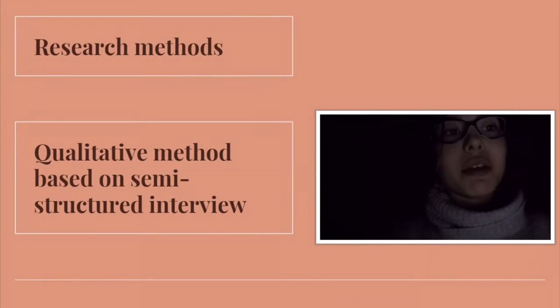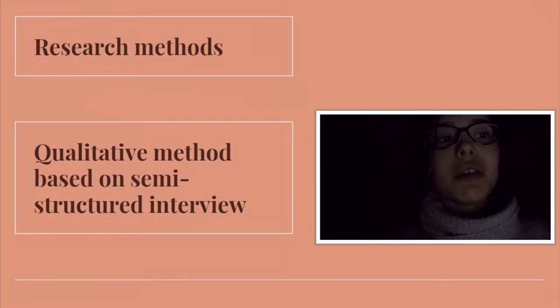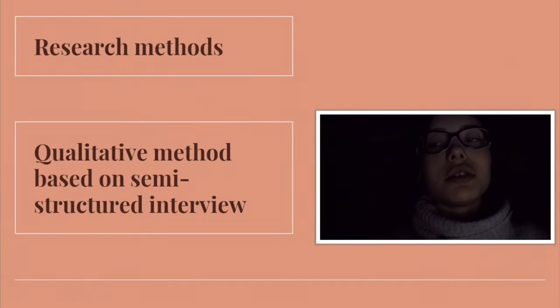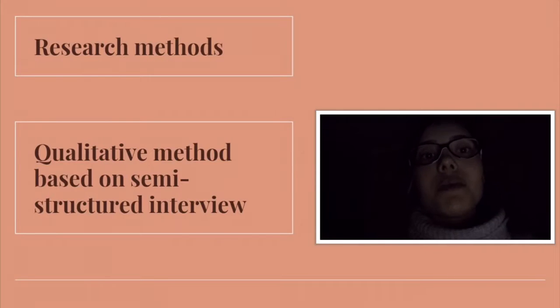As for research methods, we chose a qualitative method based on semi-structured interviews. So each participant was interviewed deeply and observed according to the 3 methods that are used in the qualitative method: observation, examining, and inquiring.